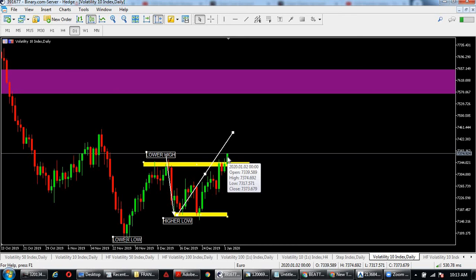And indeed, we want to consider the current daily candlestick to close above this point for a confirmation that indeed price will now continue moving all the way to our purple rectangular zone, which we got all the way back from our monthly time frame. So yes, this is why I gave this analysis.